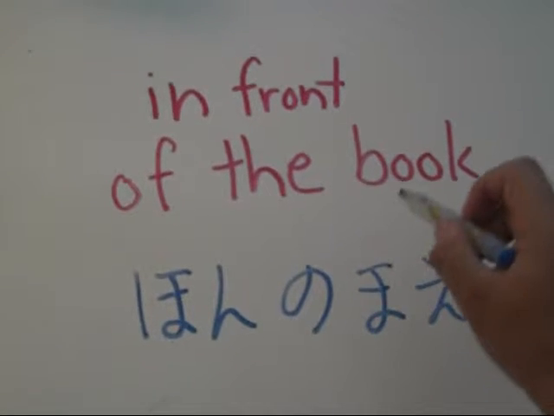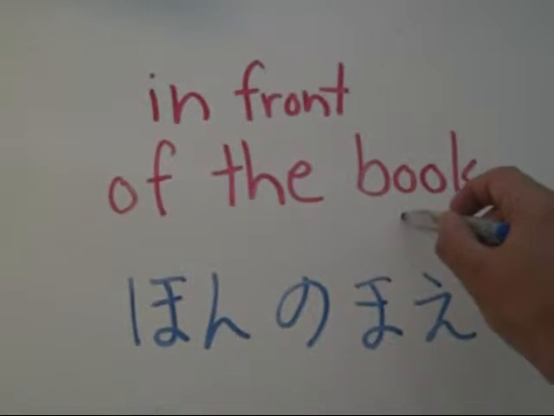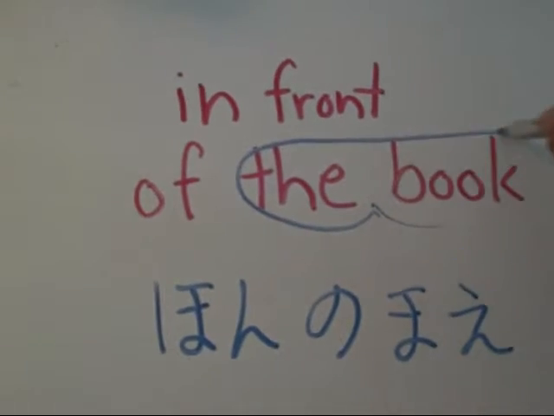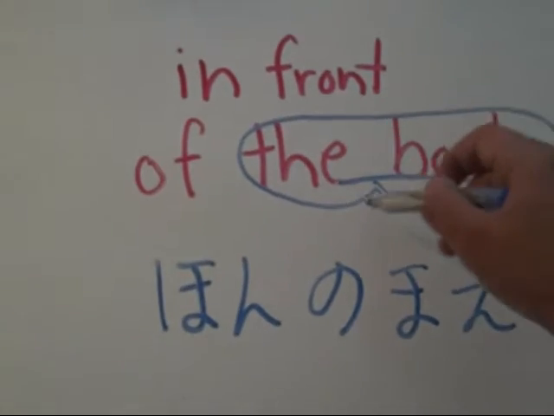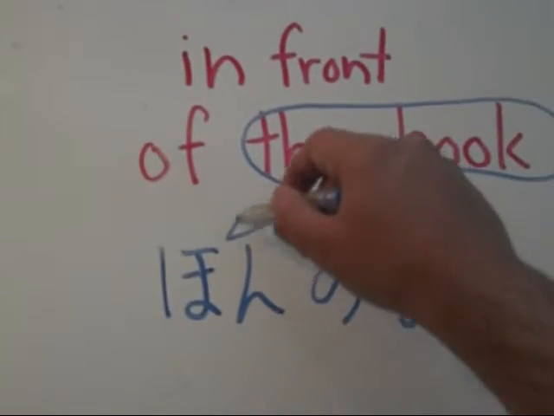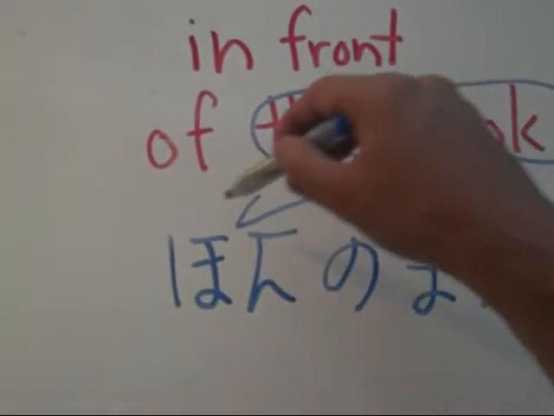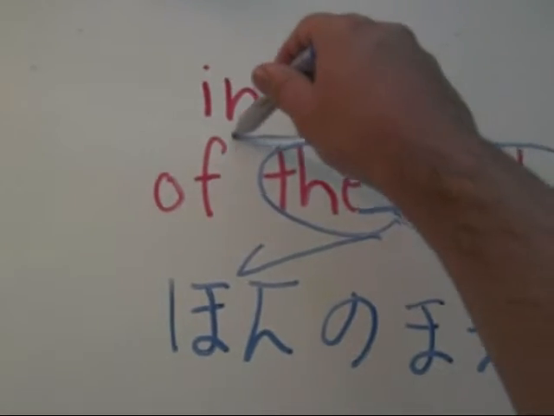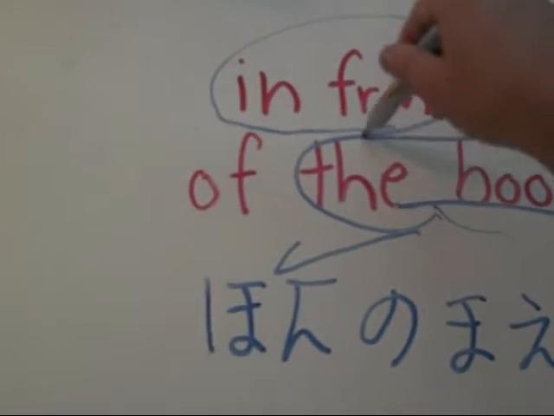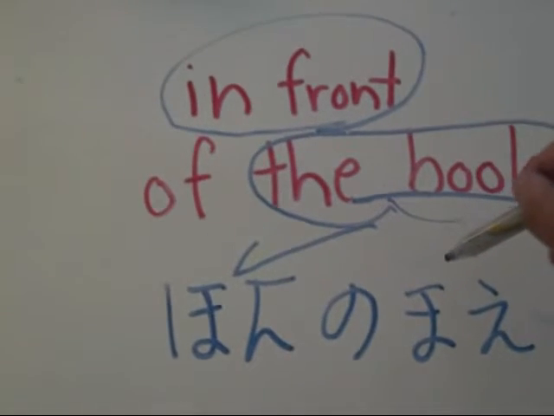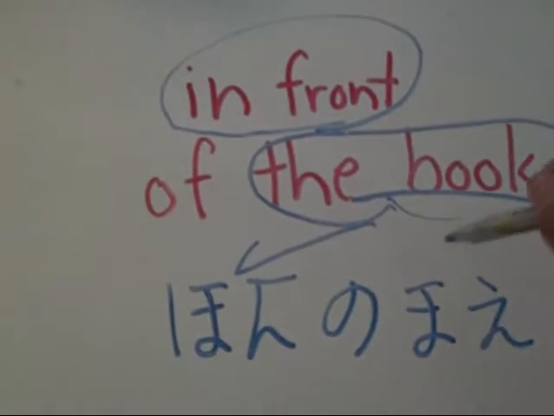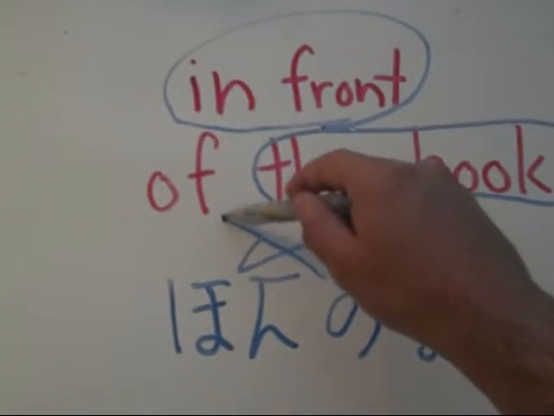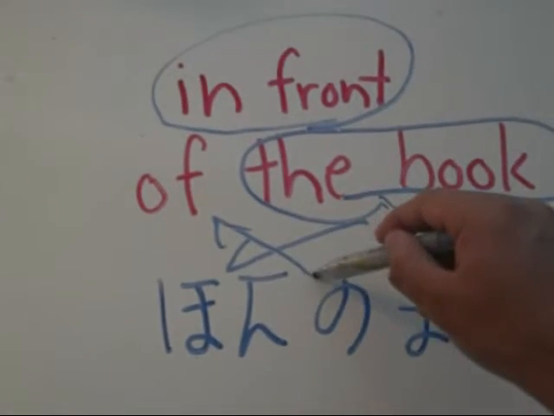So you have the book right here, over here, and you also have in front, and you have that here, mae, and you also have no, of.